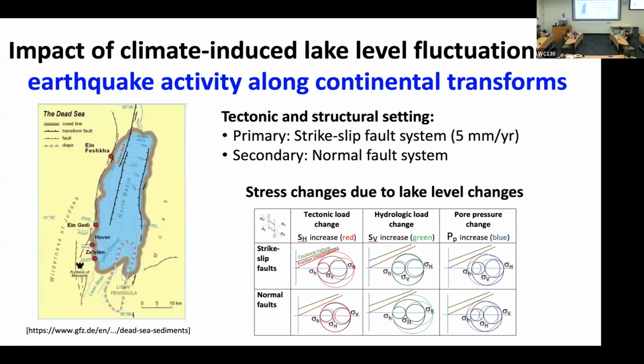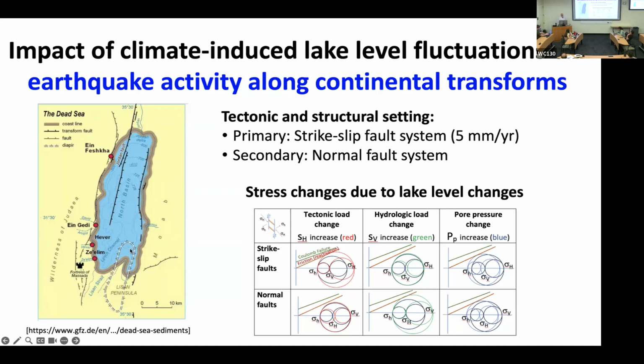Now, what we are doing is we are looking both at the pore pressure changes, but we're also looking at changes in the normal load. As we have hundreds of meters of water, the hydrological load is very heavy, and it can increase what we call the hydrological load.